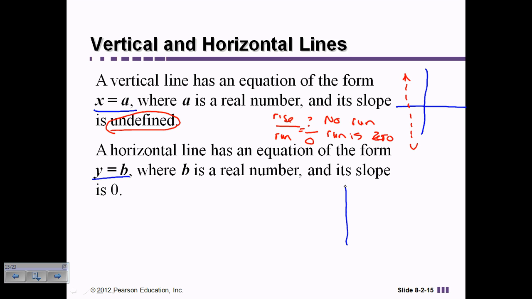Whereas with a horizontal line, here's our horizontal line. If we think about a horizontal line, it could be a street, it could be a road, it could be a sidewalk. So the slope of this is 0. In this case, the run is some number.